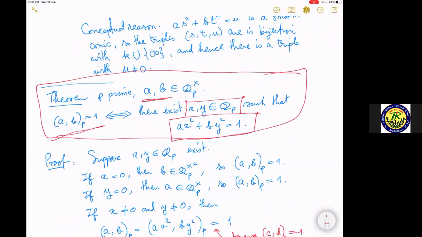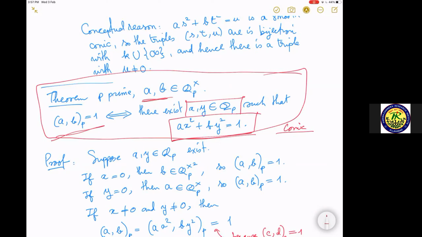Part of the time, you want to be able to solve equations, or at least tell when they have a solution as a first step. So here is this quadratic equation in two variables, ax squared plus by squared equals 1. It defines what is sometimes called a conic. And we would like to find out if this conic has a point or not.